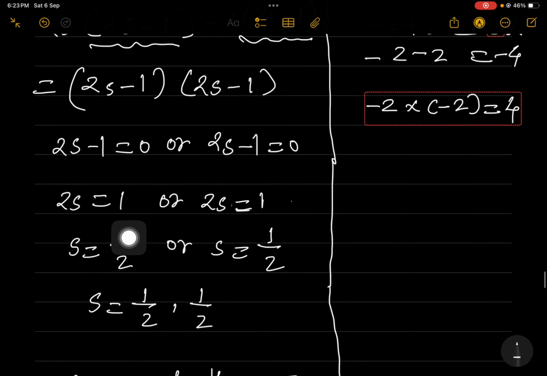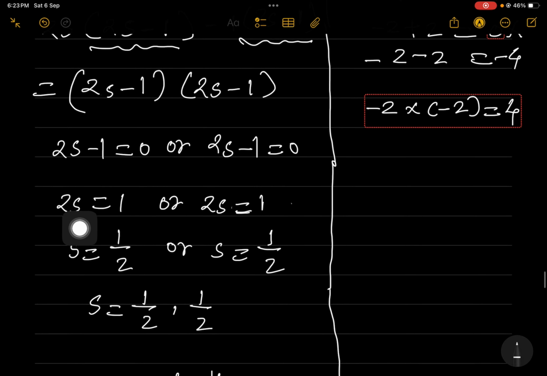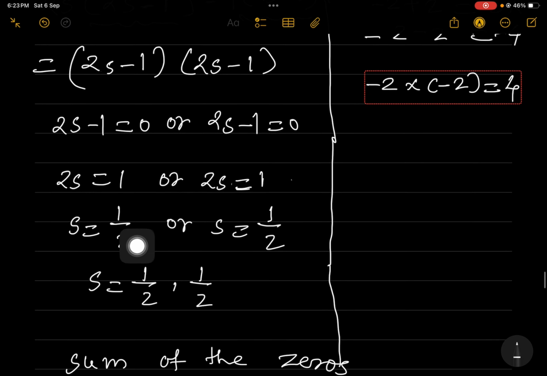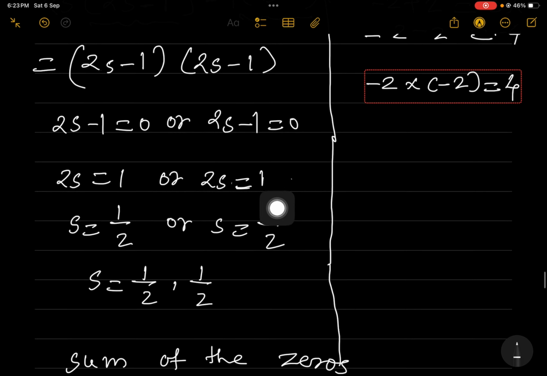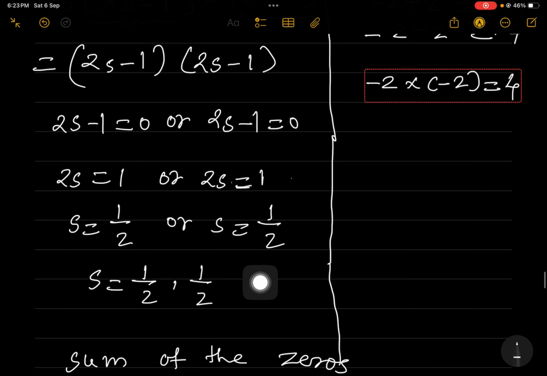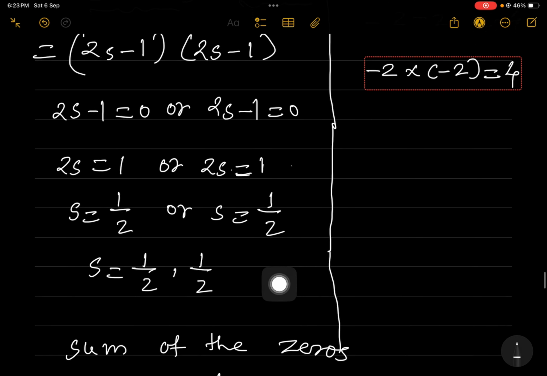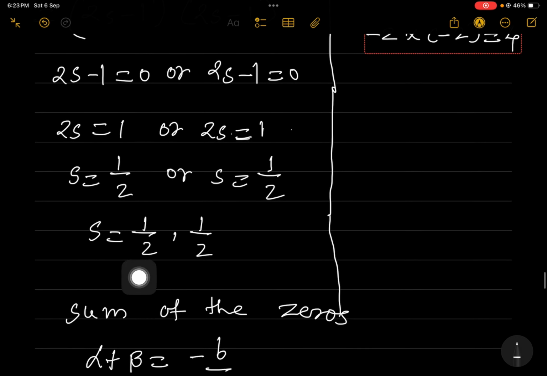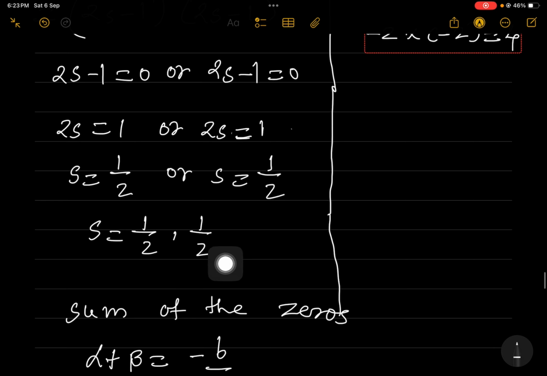So s equals, again 2s means multiplication, so this 2 transfers to the other side and becomes division, 1 upon 2. Here also the same, this 2 becomes division, 1 upon 2. So we got s equal to 1 upon 2 and 1 upon 2.